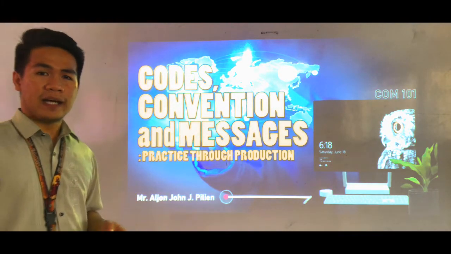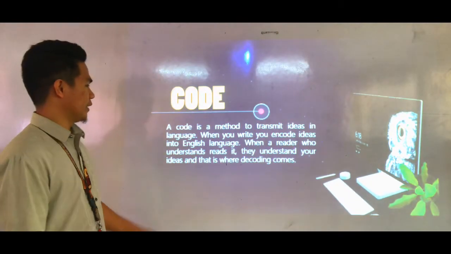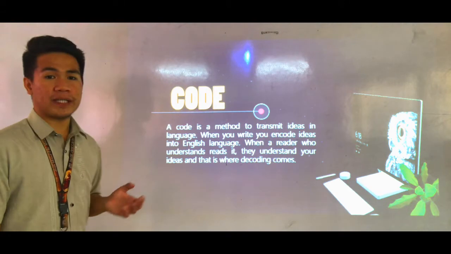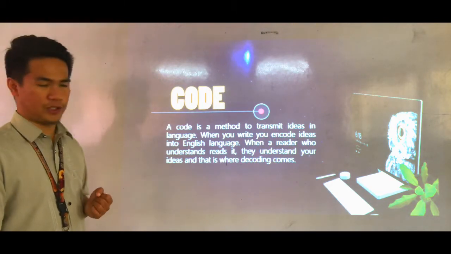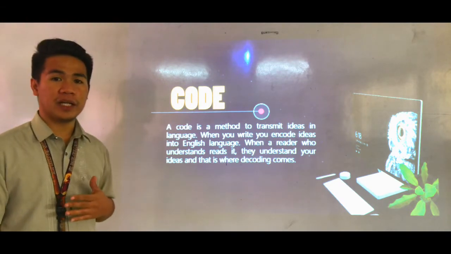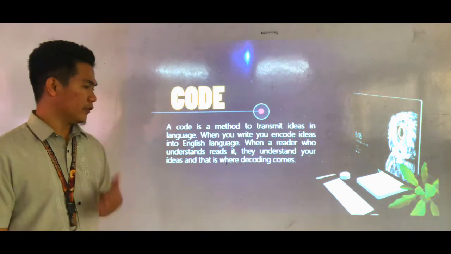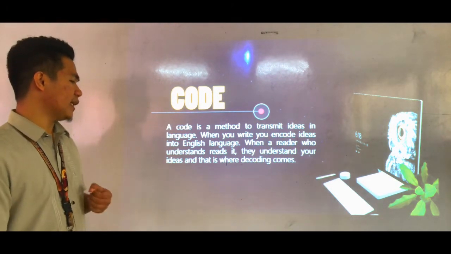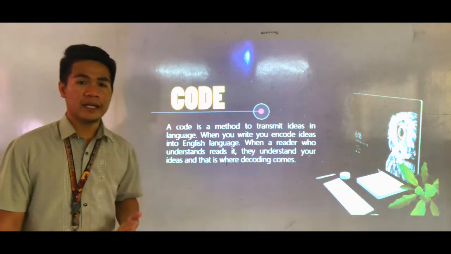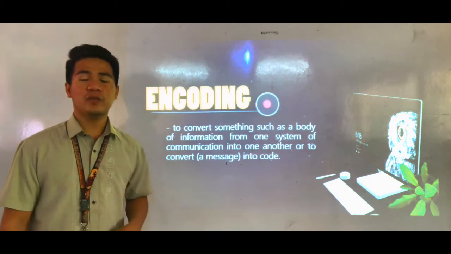But before that, let's first define what a code is. A code is a method to transmit ideas in language. When you write, you encode ideas into the English language. When a reader who understands it reads it, they understand your ideas, and that is where decoding comes in.